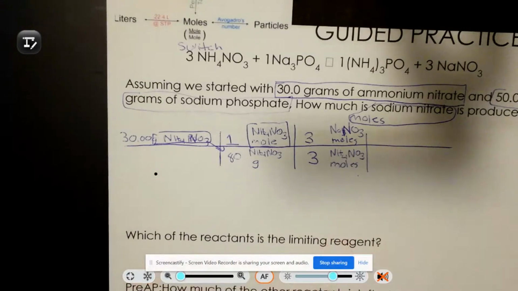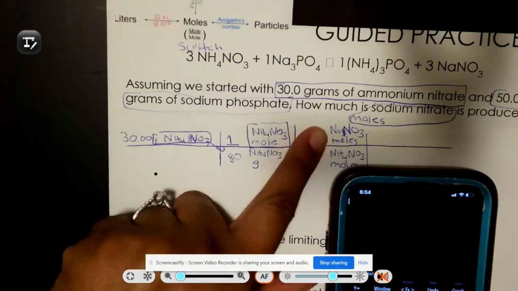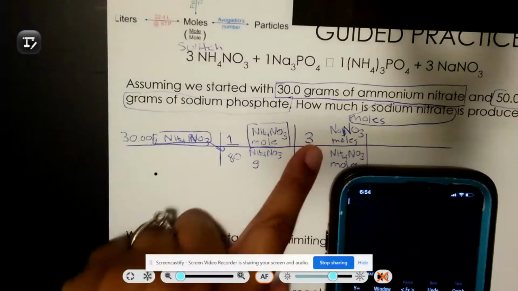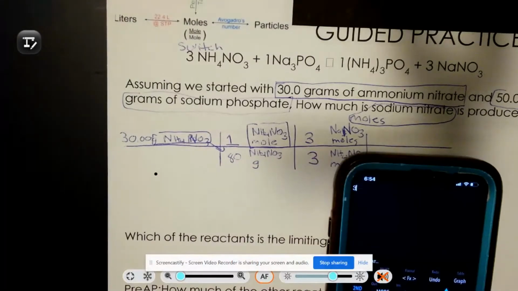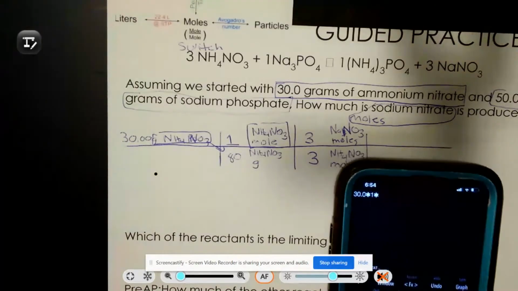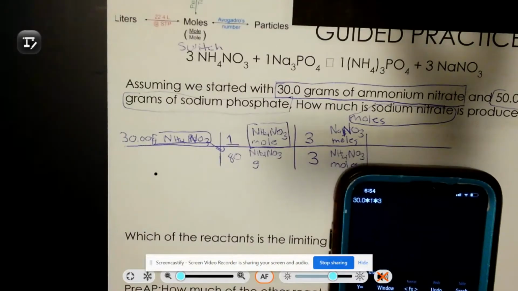So I'm going to go to my calculator, and we're going to multiply everything on the top and divide by everything on the bottom. So we're going to do 30.0 times 1 times 3, enter, and then we're going to divide by everything on the bottom.